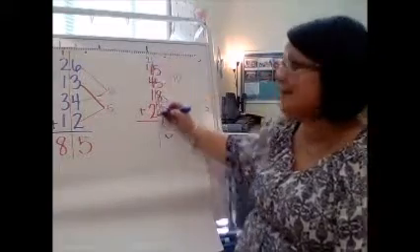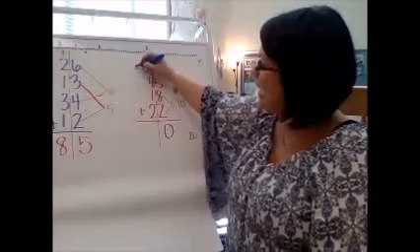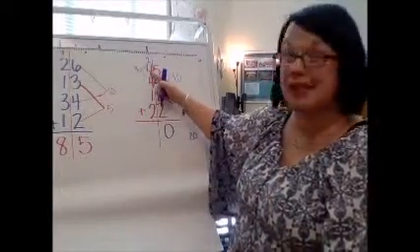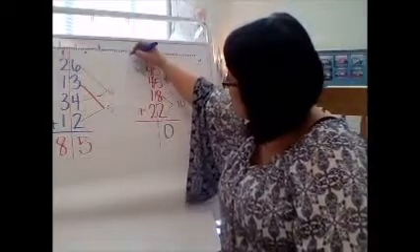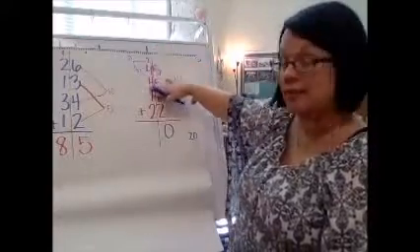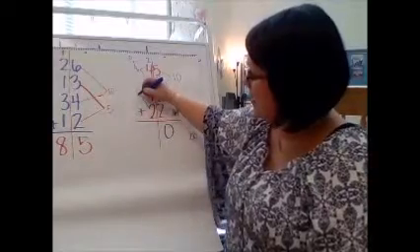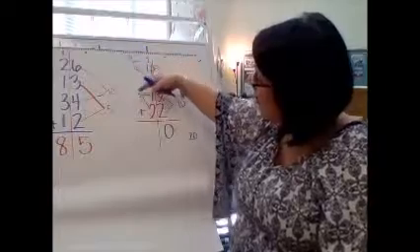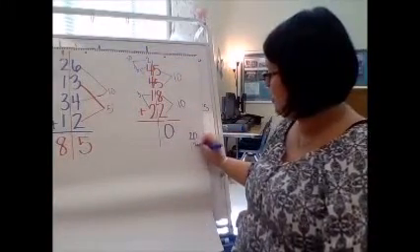Now I need to add these together. So I see 4 plus 4 is 8. That's a double, and I know my doubles just like that. But I also see that 8 plus 2, just like here, is equal to 10. So I'm going to say these three together equal 10. Then I can easily add 1 plus 2 together. That's 3. So 10 plus 3 is 13. Uh-oh, the number 13.